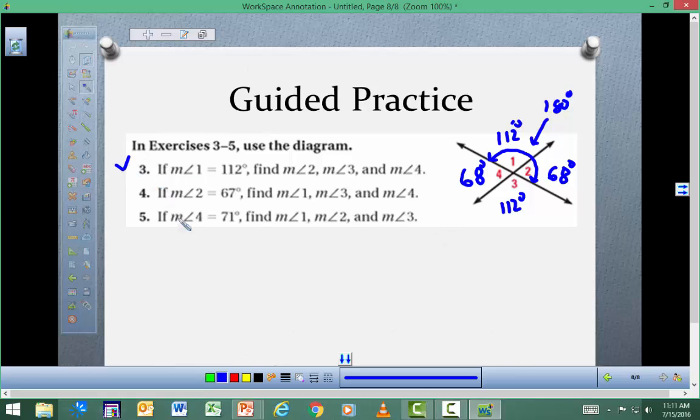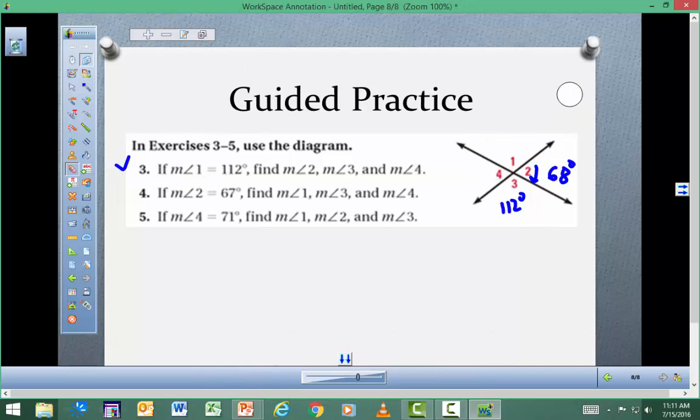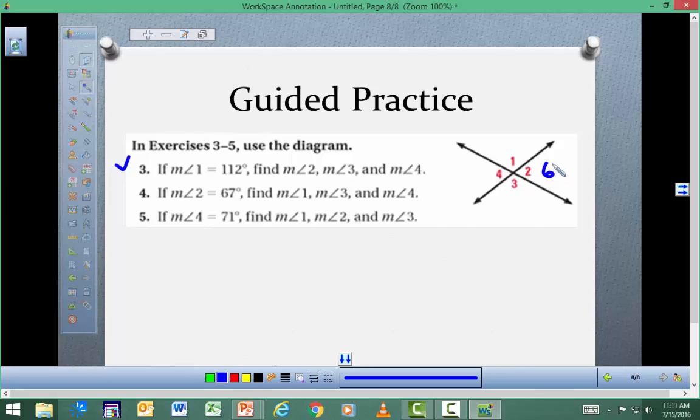Alright? So there you have it. We did number 3. Now I'm just going to say that numbers 4 and 5 are the same sort of problem. But what you do is you erase your information and you start all over again. So let's take a look. If we do number 2, angle 2 is 67 degrees. Alright, well then that means angle 4 is 67 degrees. Alright, because they're vertical angles.